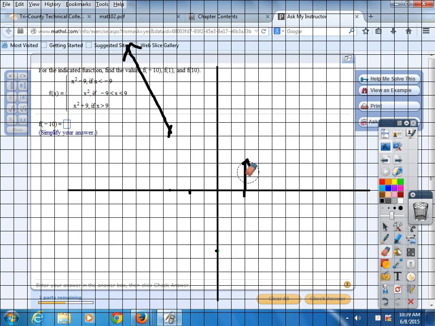In other words, this function, I wish I could draw a parabola like it's supposed to look. The parabola looks basically like this. It just keeps on going and going and going. All they're interested in right here is x less than -9. So that's these numbers right here, up to there.